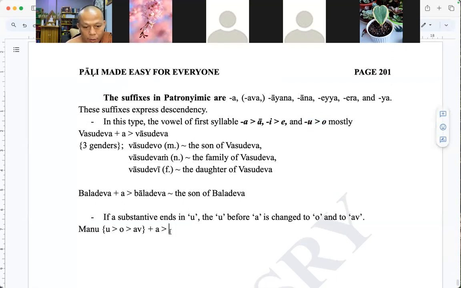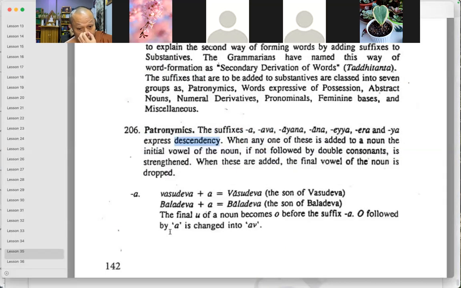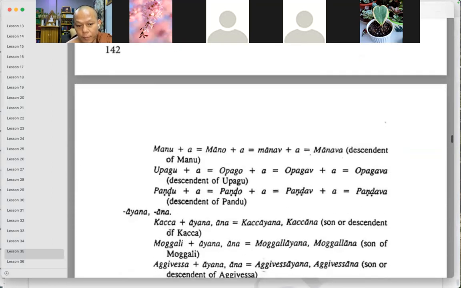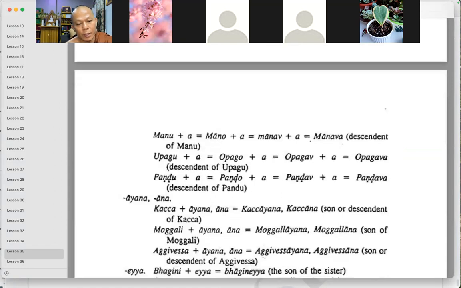So finally we have Mānava. Manava means the descendant of Manu, in this way.